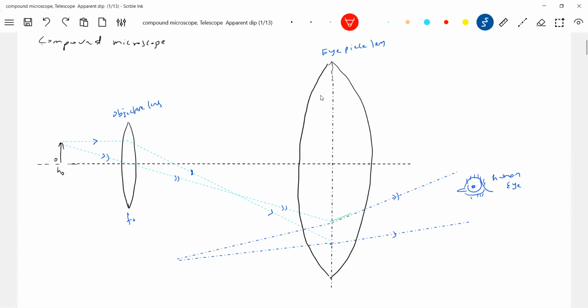There's an intermediate image, I1, H1, and there's a final image.